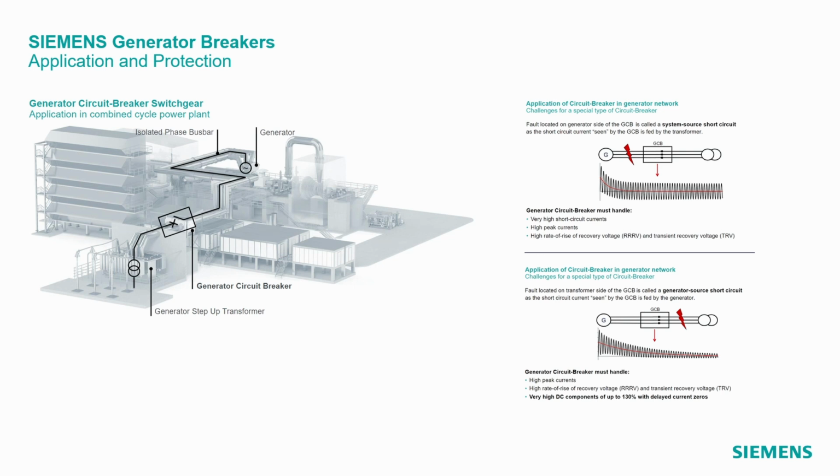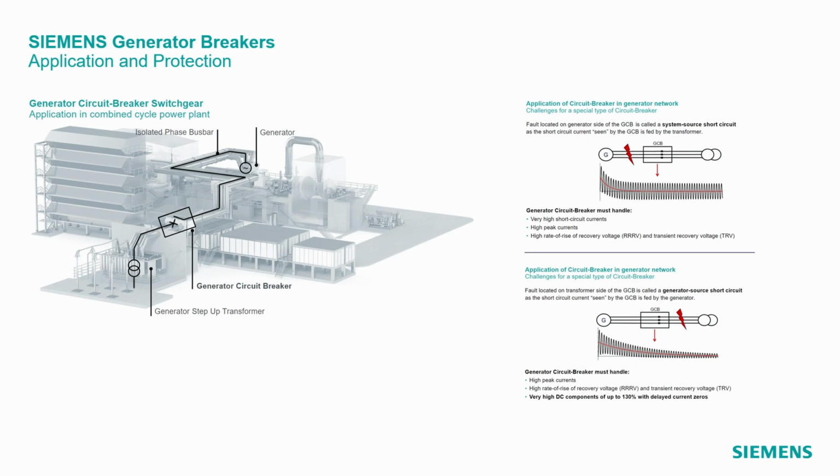The rated voltage in the medium voltage range, for example, is 3.6 kV or 17.5 kV. Siemens vacuum generator breakers are named HB3. Feel free to ask the Siemens contact for further information.